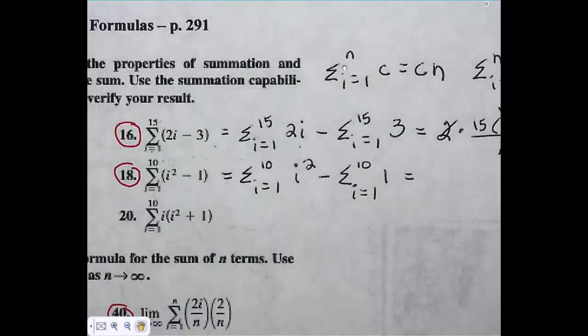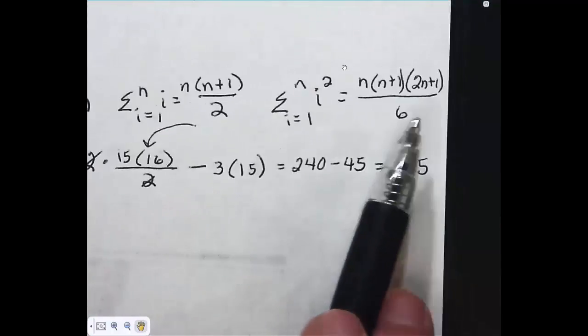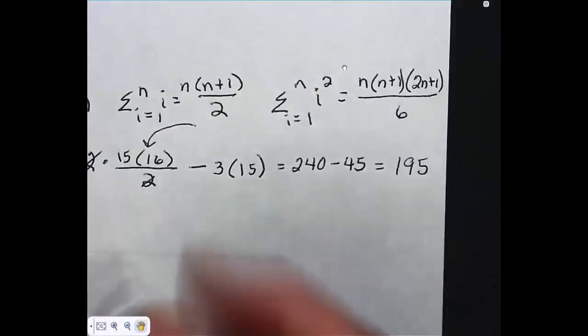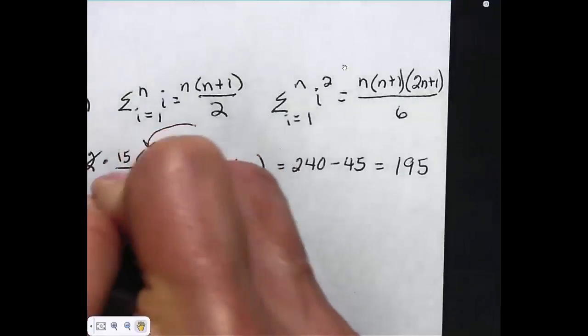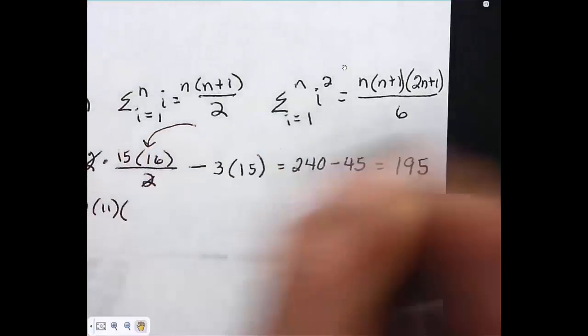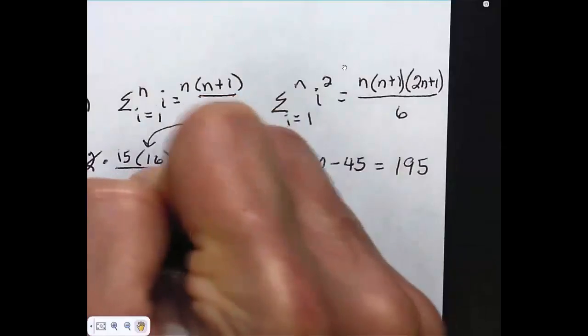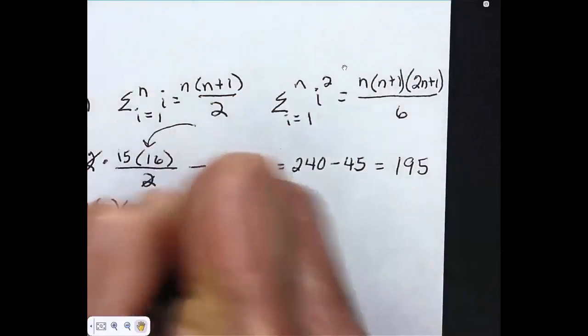What is n here? 10. So to sum up a bunch of i squares, we would need to use this formula where n is 10. 10 times 11 times 21 divided by 6.